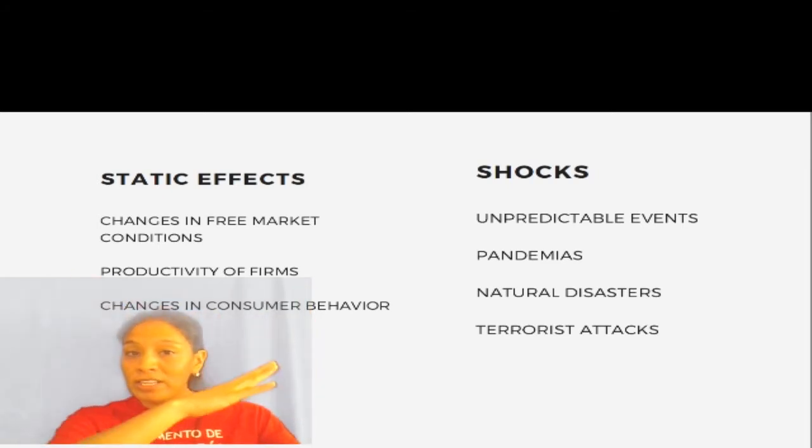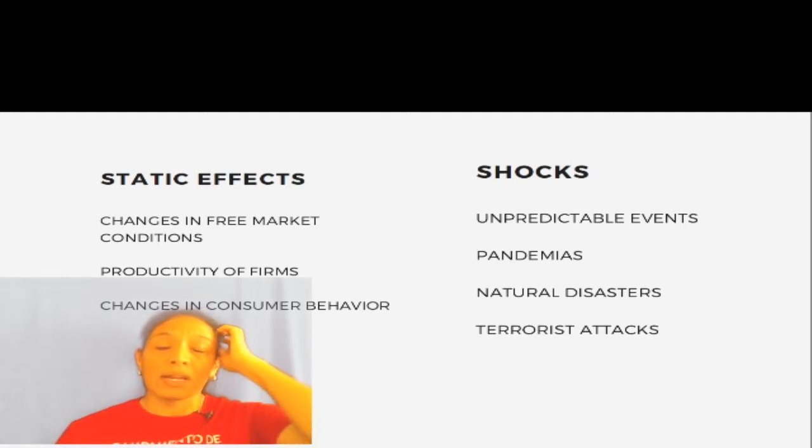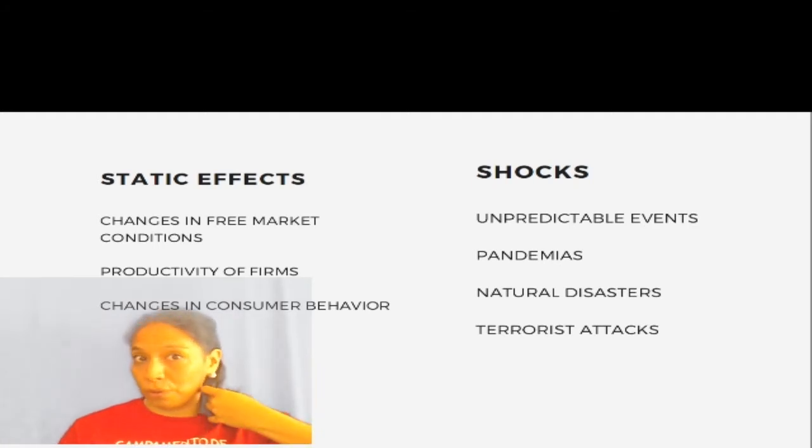And then on the other side, we have the shocks. The shocks are, as the name implies, something that we did not expect. For example, the pandemic, or some unpredictable events like natural disasters or terrorist attacks. Obviously, the books include terrorist attacks because in 2001, remember September 11, when the Twin Towers fell, it basically changed many things in the United States, and one of the things that it impacted was economic growth.